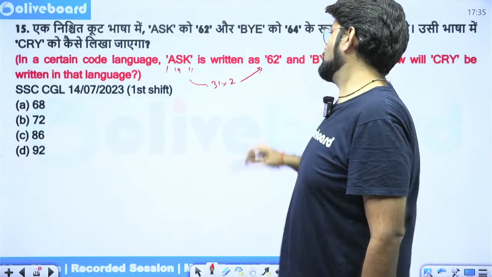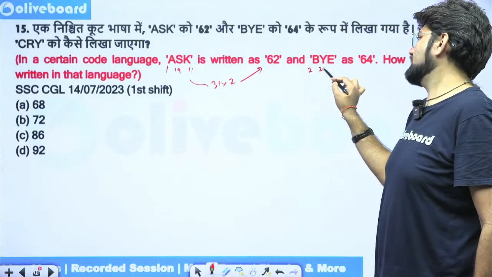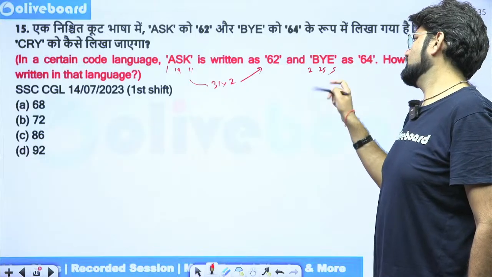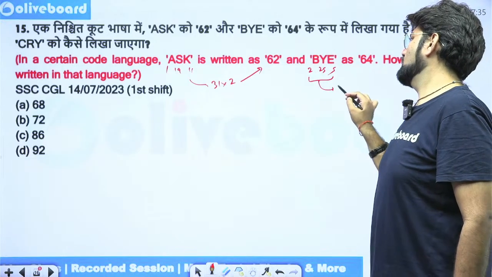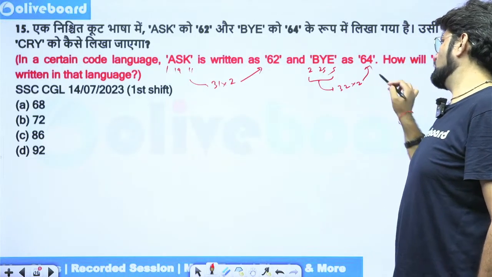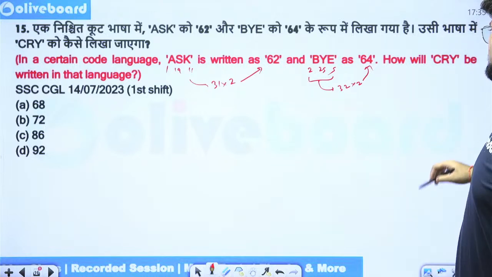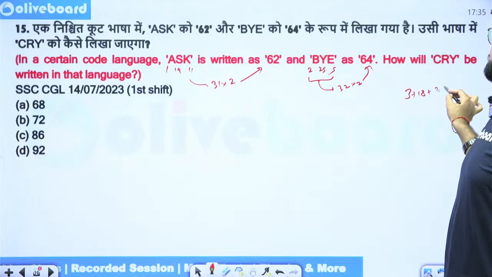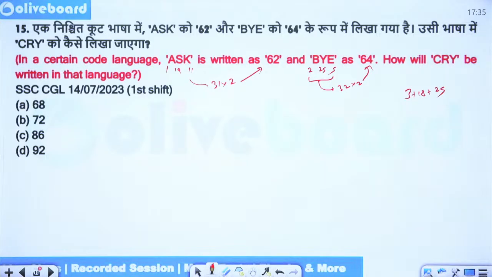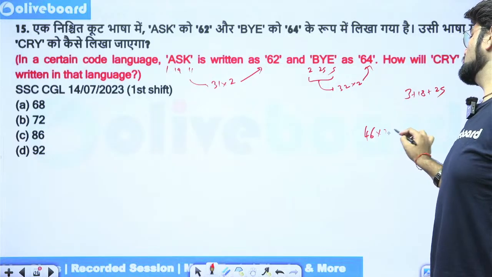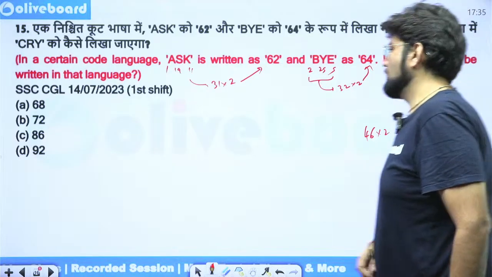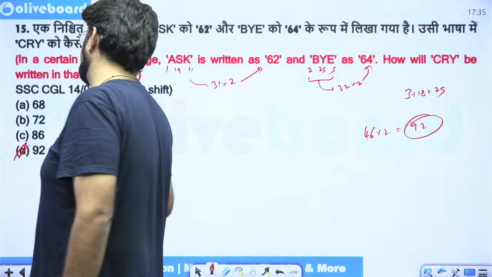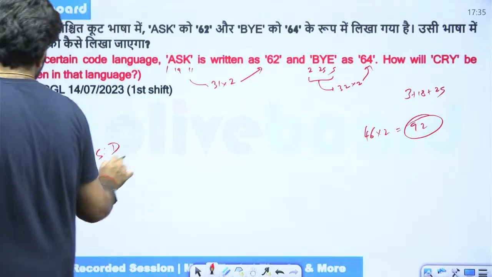Multiplied by 2 is 6. Try. 1 plus 20. Next.